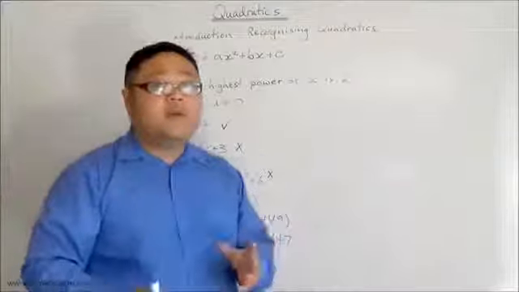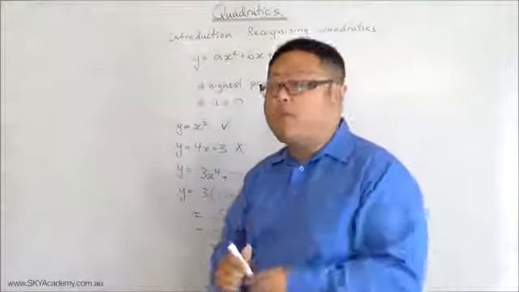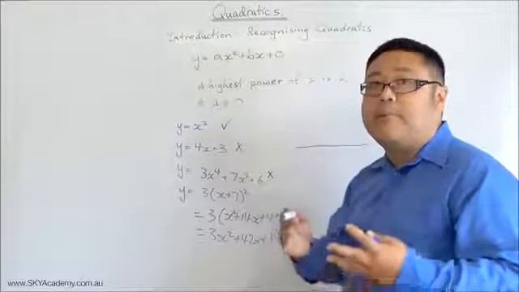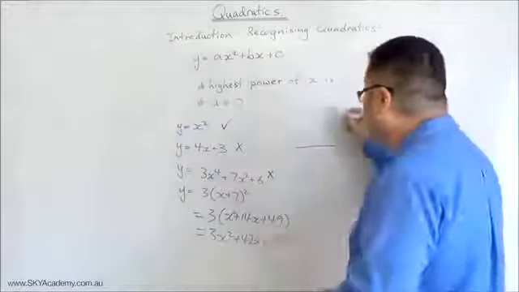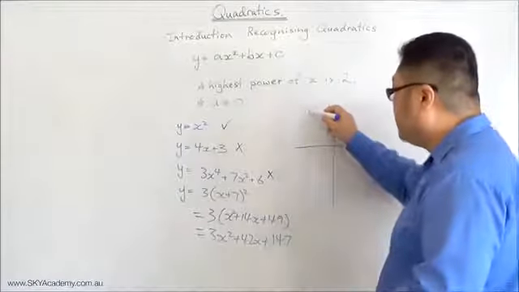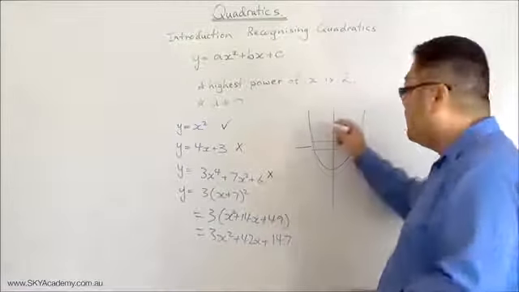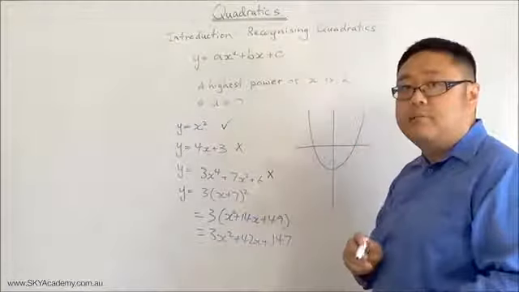Now, what does a quadratic look like? A quadratic basically takes the shape of what we call a parabola. Now, a parabola can look like this. It basically takes the shape of a bullet head.